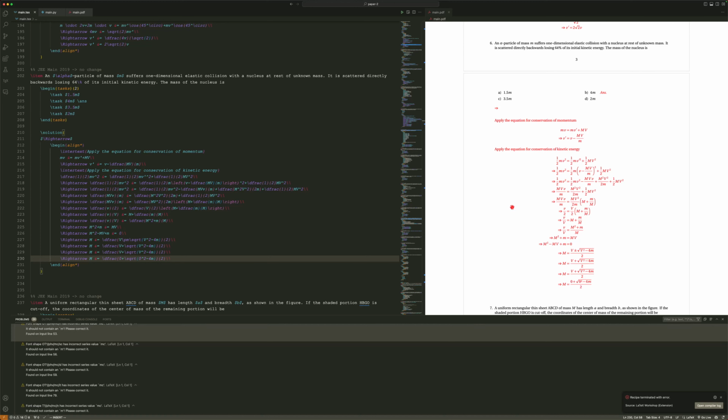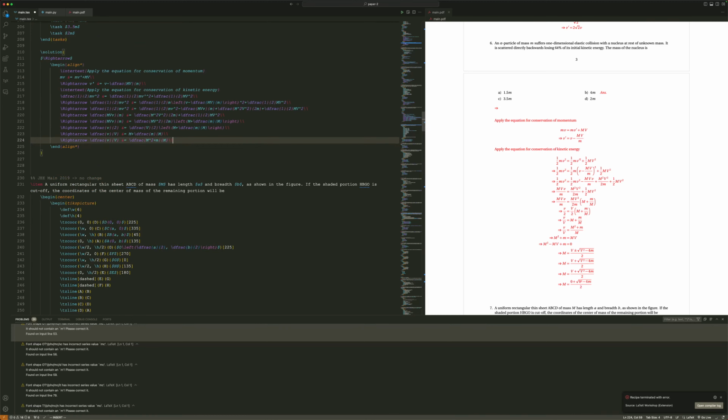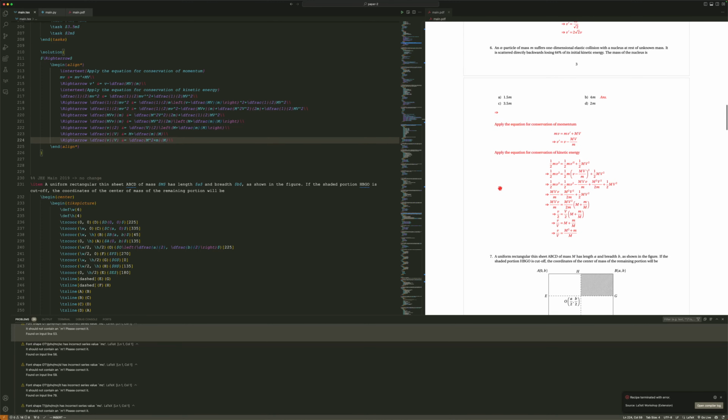Conceptually it is applying the good idea, but calculation wise it just messed up. So let's delete everything below and let's run it, and we can see the clear picture, I think.